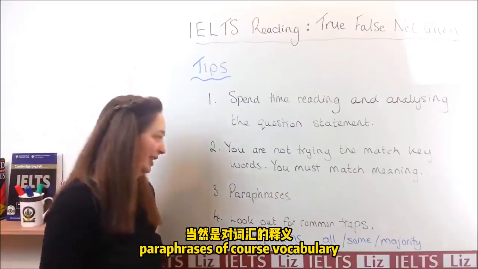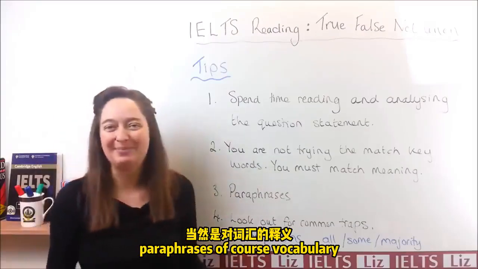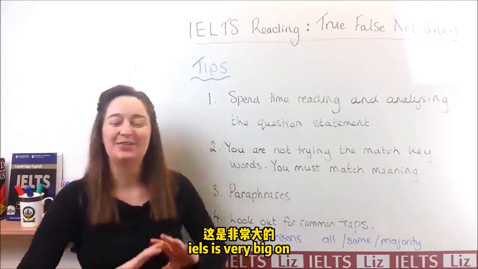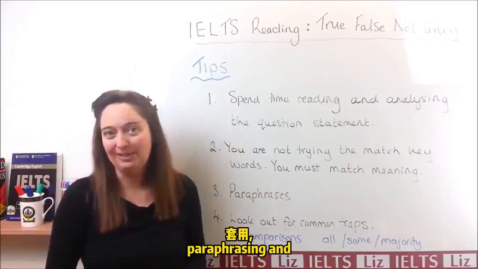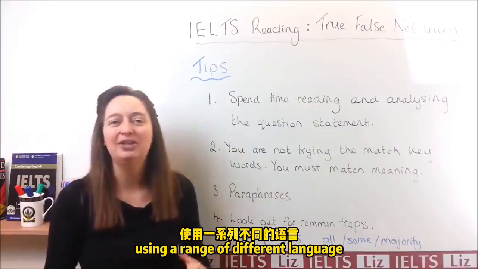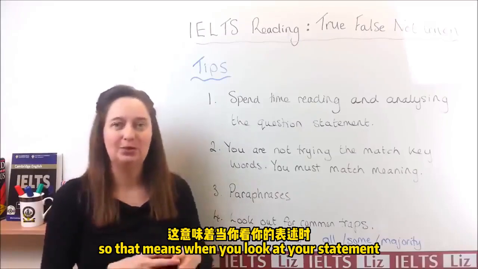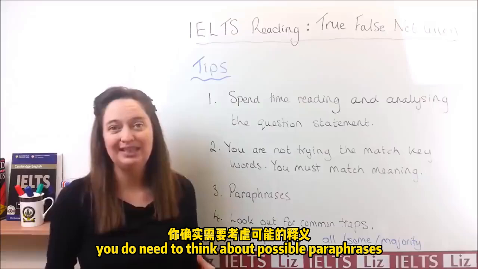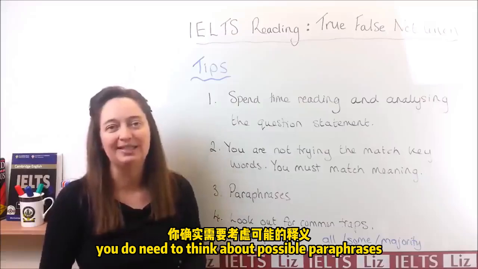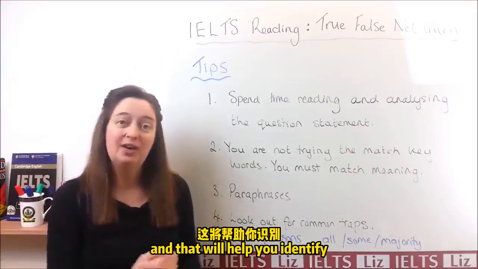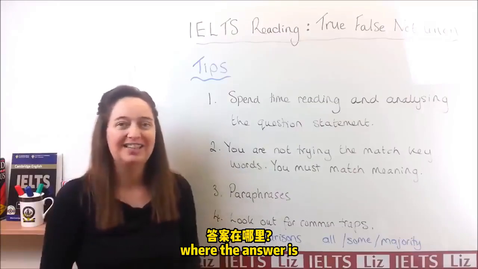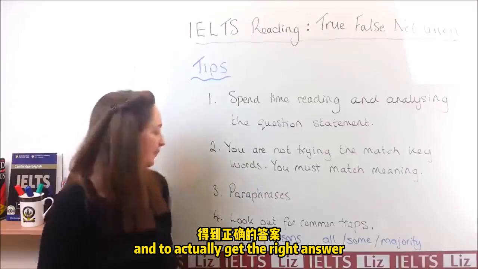Number 3, paraphrases. Of course, vocabulary. IELTS is very big on paraphrasing and using a range of different language for the same meaning. So that means when you look at your statement, you do need to think about possible paraphrases. And that will help you identify where the answer is and to actually get the right answer.